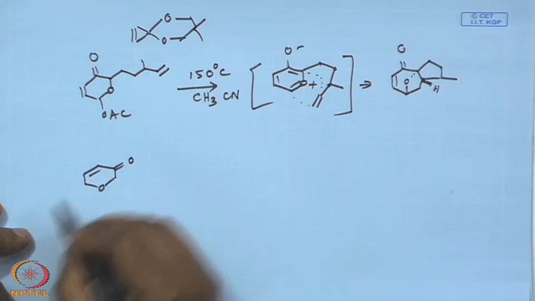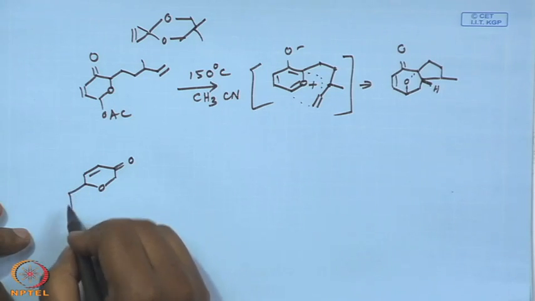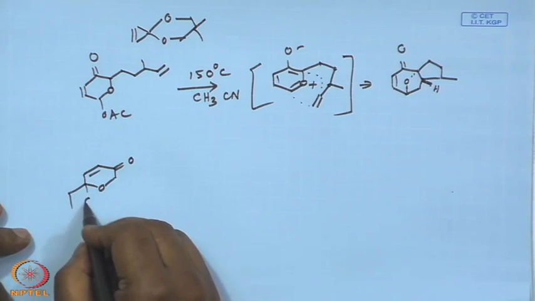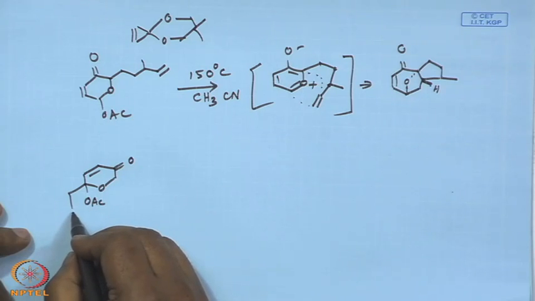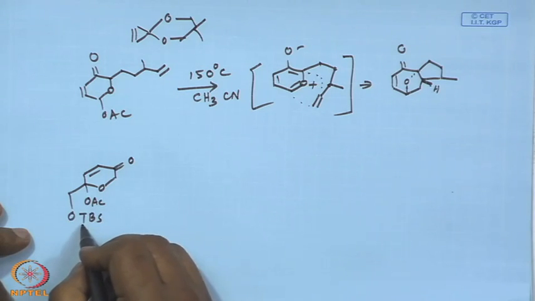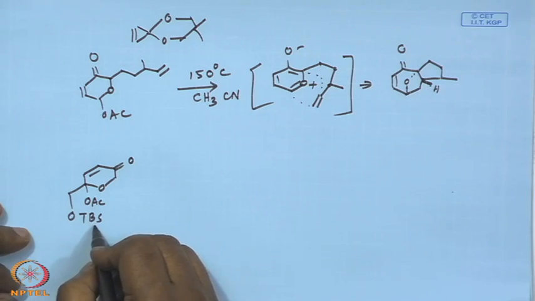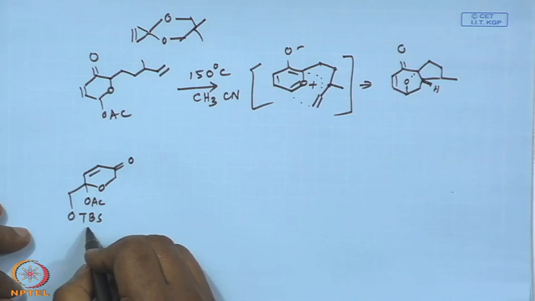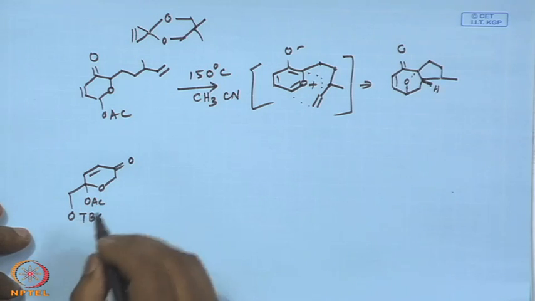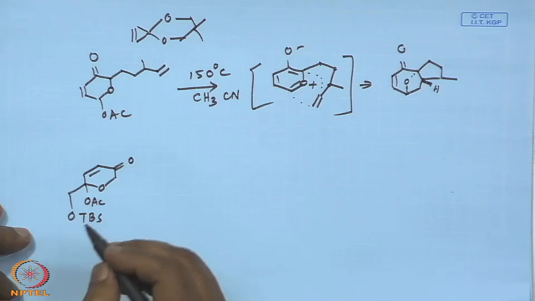Once again it is a pyrone system. Now, the substituents are a little different. This is O-acetate here and this is TBS, all of us know, tertiary butyl dimethyl silyl group.